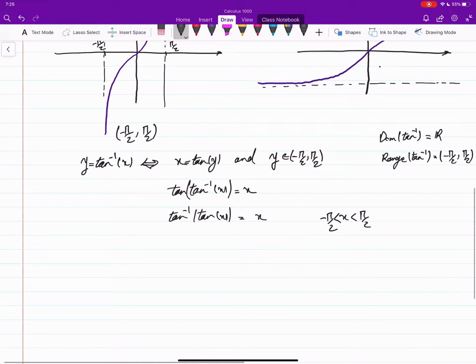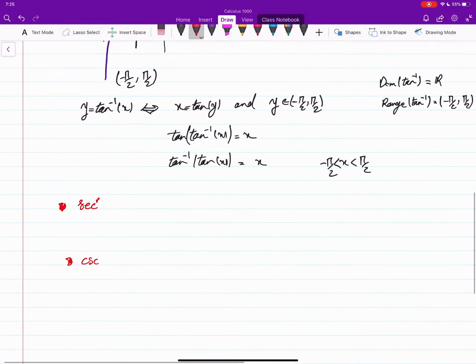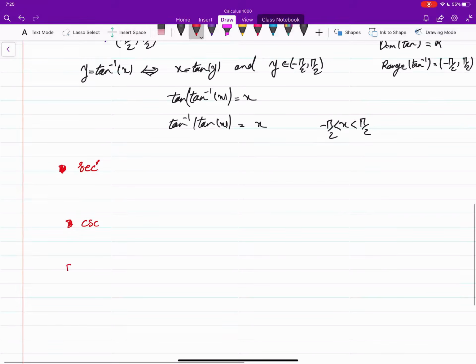Well, we can extend this list to secant, cosecant, and cotangent. I will just write the definitions.